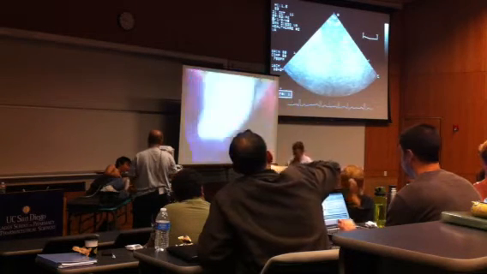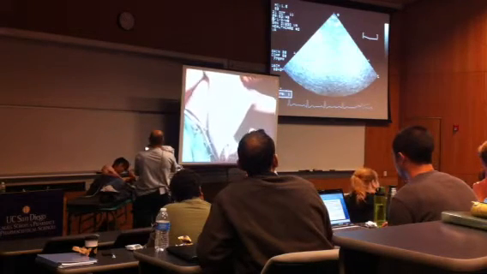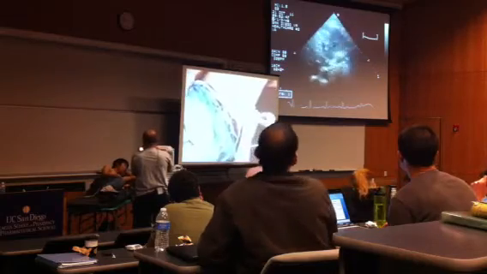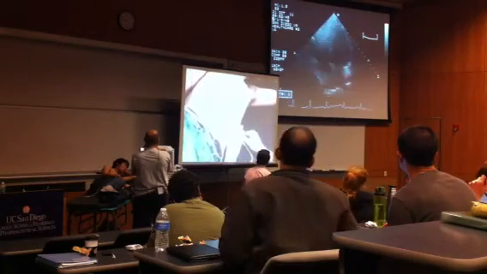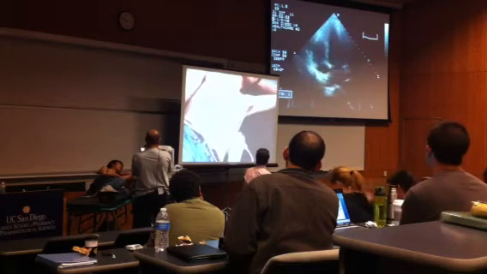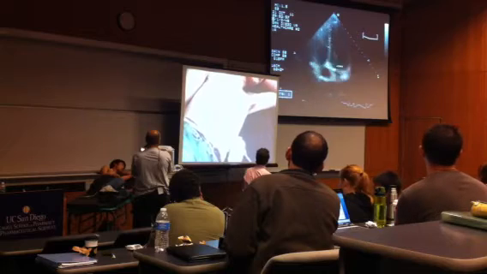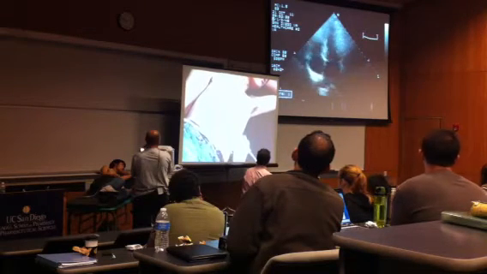Okay, so let's see if we can get the PR here right off the bat. So again, that apical view: left ventricle, ventricular septum, right ventricle. You can see the different shape of the right ventricle, tricuspid valve, mitral valve.